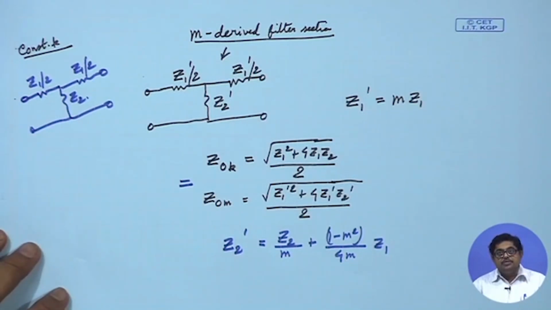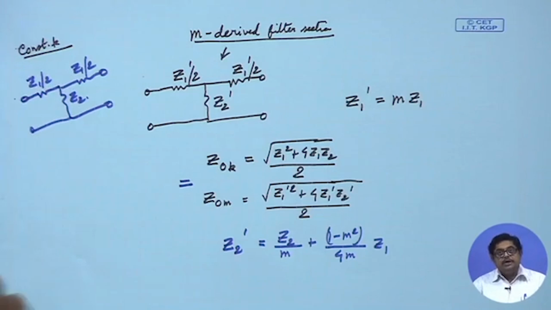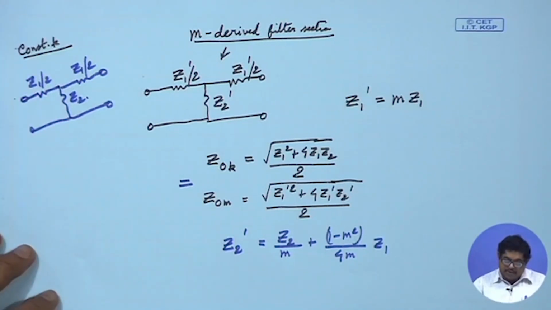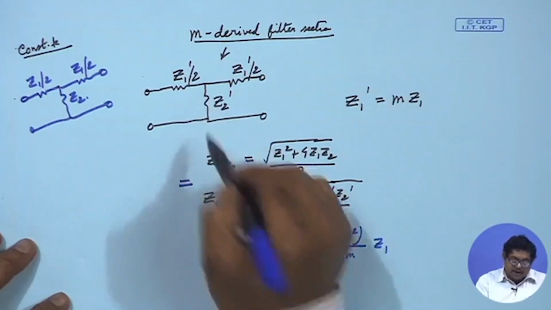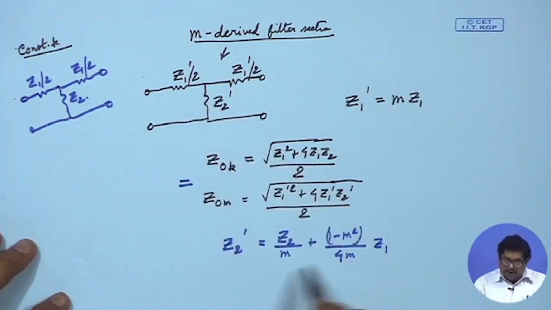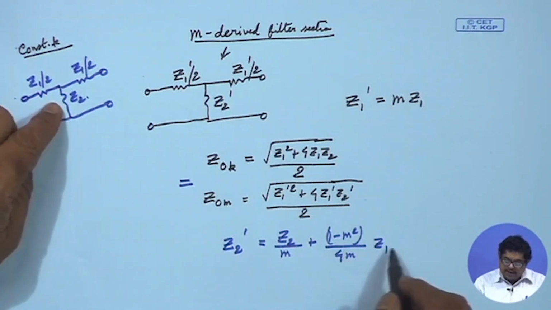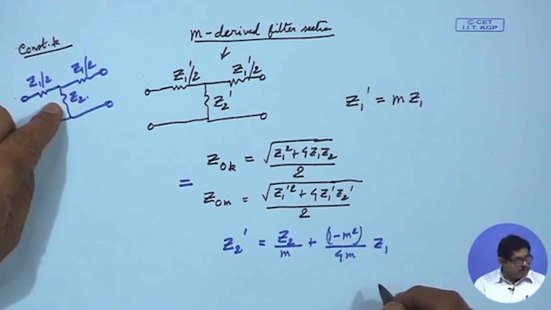That means if one is chosen as L, the other is C, and depending on whether I choose L in the series arm or C in the shunt arm, I get a low pass or high pass action. Now you see that this equation says Z2 dashed will be two elements. One is a scaled version of Z2, and in series with it is a scaled version of Z1.